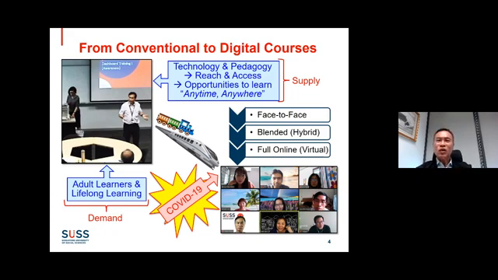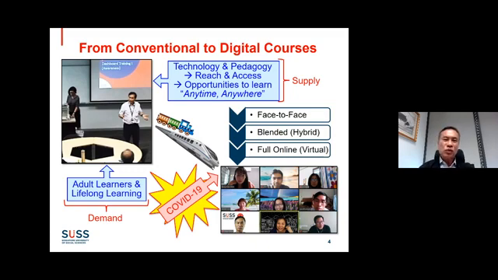And the advances also in pedagogy, which help us understand how we can make learning better online. The end result is this. With advances in technology and pedagogy, with the move from conventional to digital courses, we have extended our reach and access. We have now provided opportunities to learn anytime, anywhere.